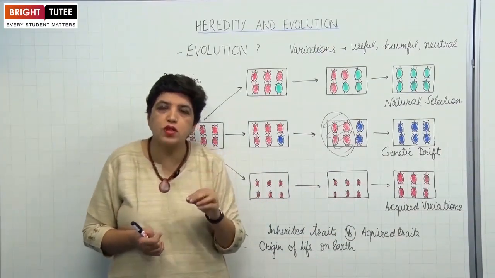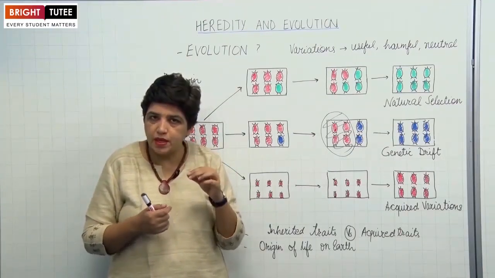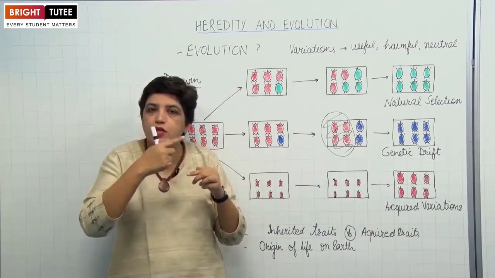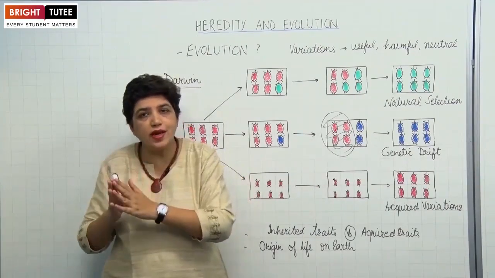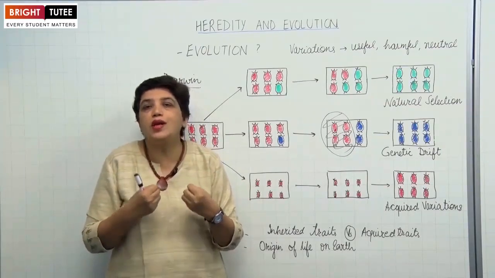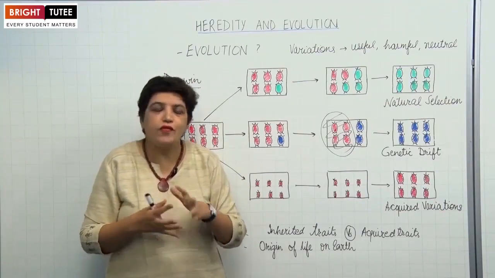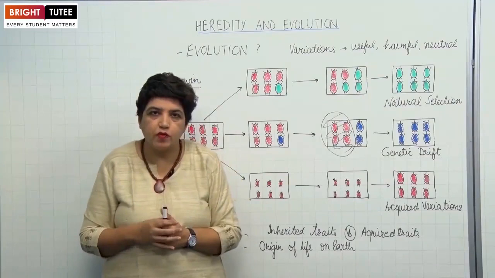Inherited traits are those which cause change in the genetic structure of an organism, and it is passed on from parents to offspring generation after generation. But on the other hand, acquired traits are those which we acquire during our lifespan. For example, if you decide to become an athlete, what will you do?